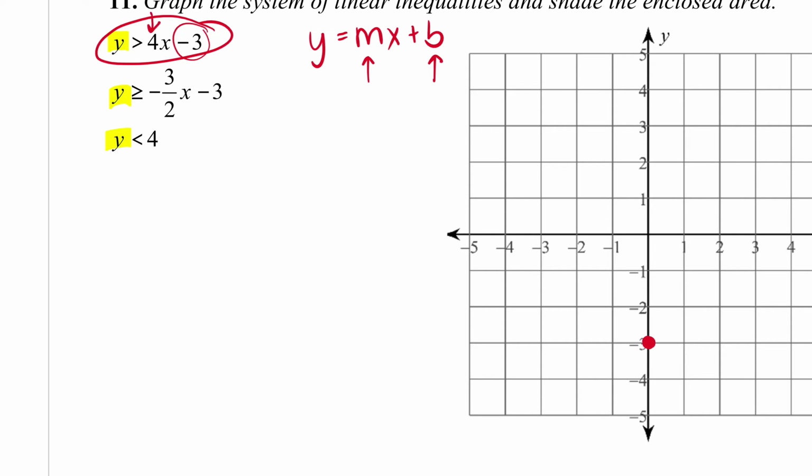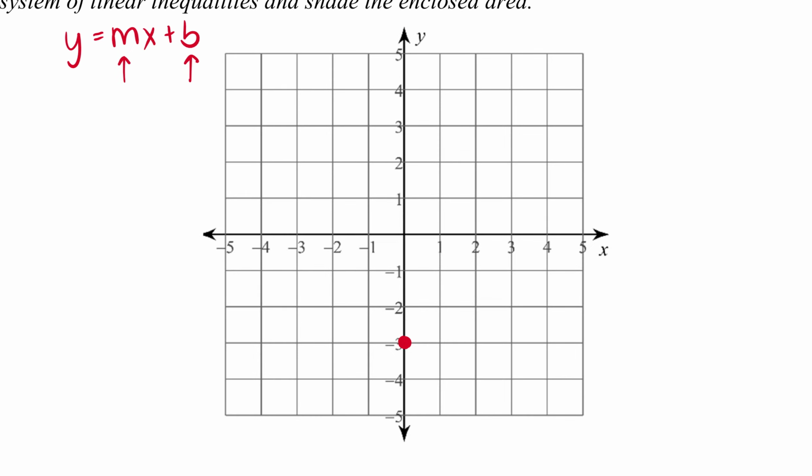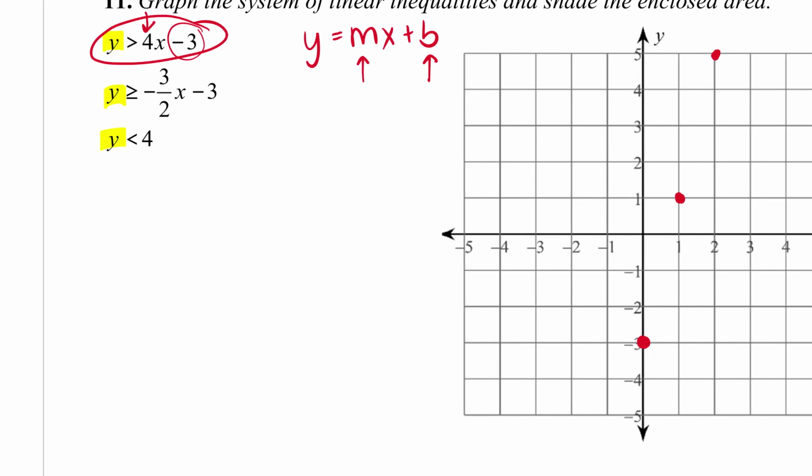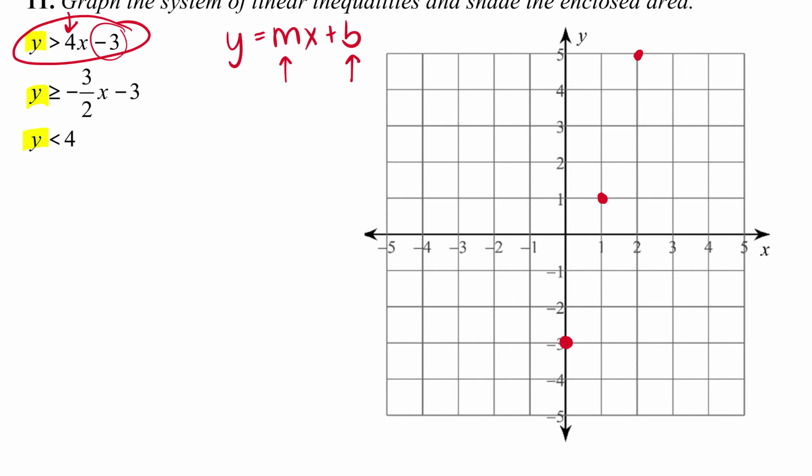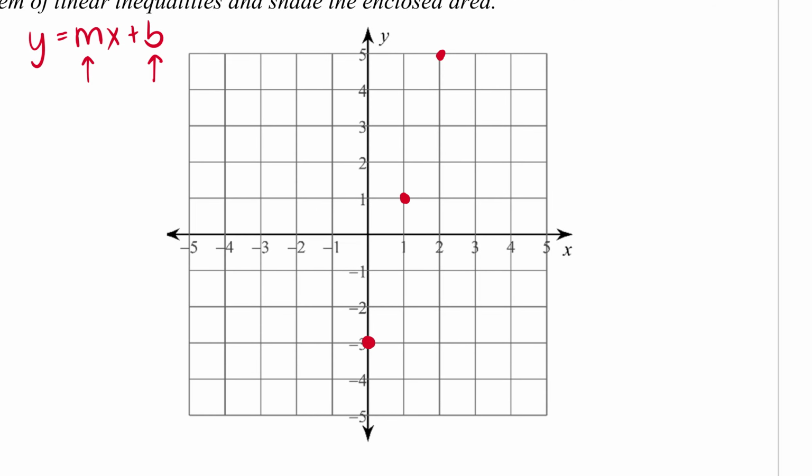All whole numbers are over 1, right? And it's positive. So I'm going to go up 1, 2, 3, 4, and over 1. There's my next point. I can do it again. Up 1, 2, 3, 4, over 1. There's my next point. So I have 3 points. You really only need 2. And notice that is not underlined, so this would be a dotted line.